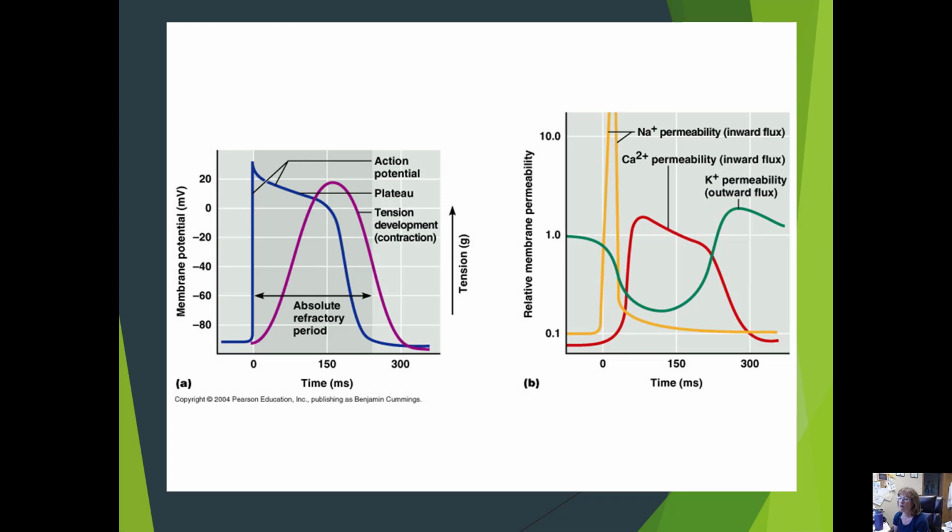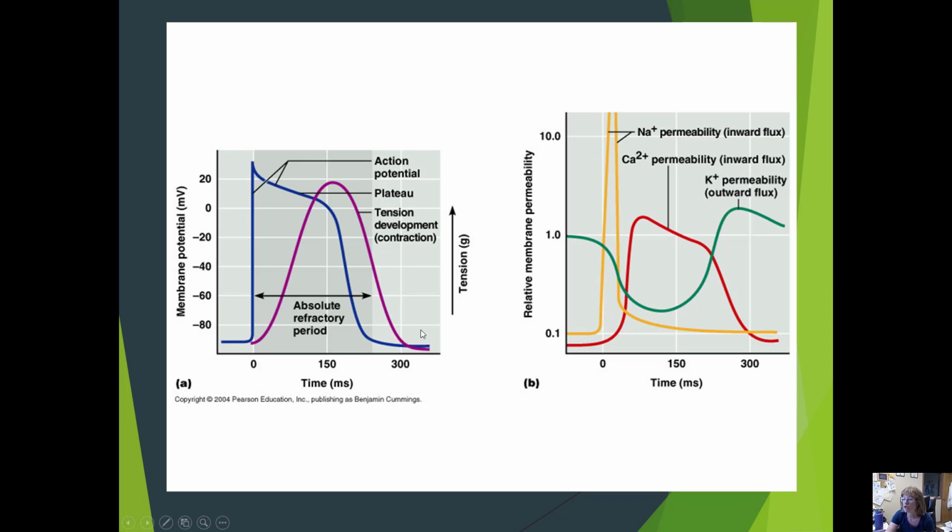So if we take a look at this graph, this shows a graph of the cardiac muscle cell action potential. On the left-hand side, you can see the cardiac muscle cells at their resting membrane potential down here around minus 90 millivolts, and then at time 0 we get this rapid depolarization up to almost about plus 30, and then we see some repolarization, and then we have this plateau, and then we see some more repolarization.